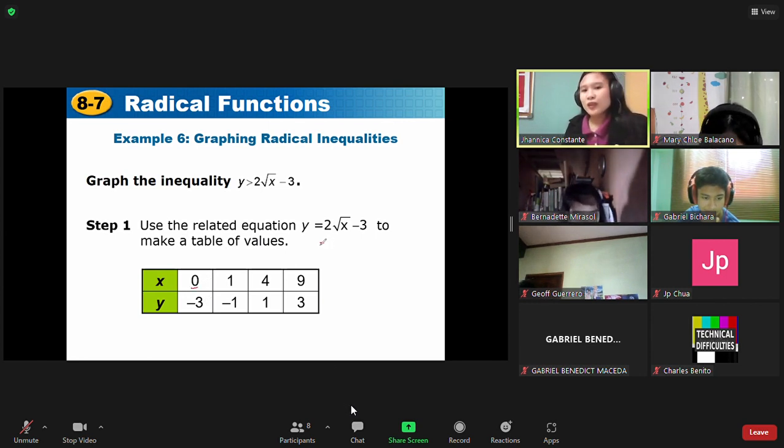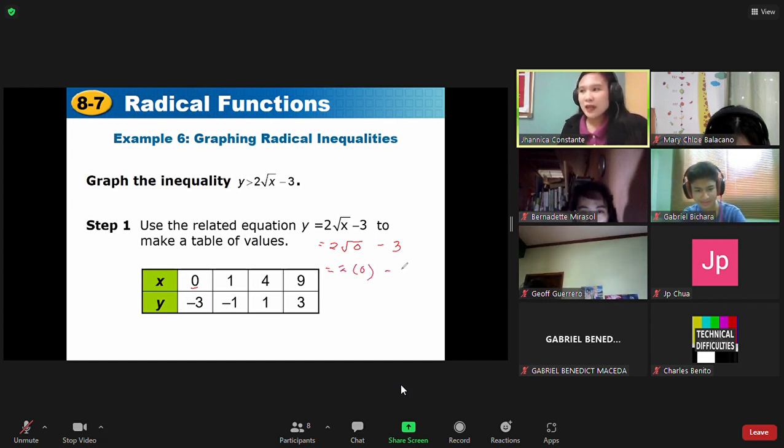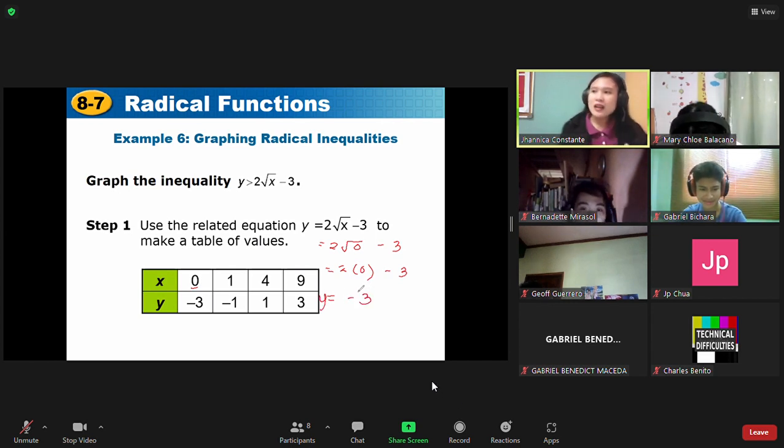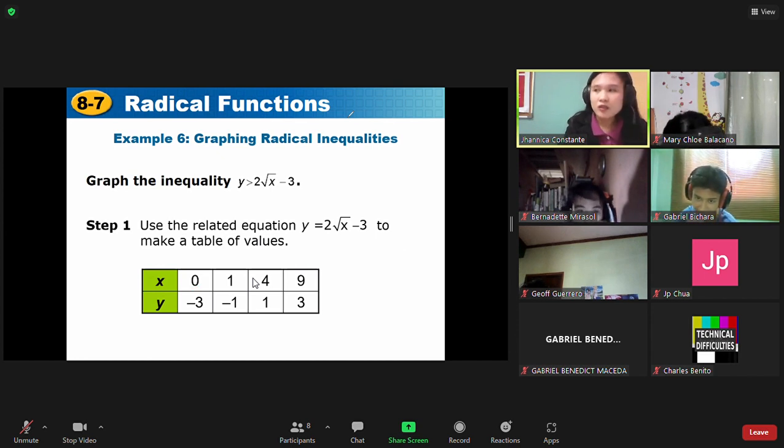So 2 times the square root of 0, minus 3, which is equal to 2 times 0 minus 3. So we have the value for y, which is equal to negative 3. That's the first value of our y. That's how we solve for the value of y in our inequality radical function.